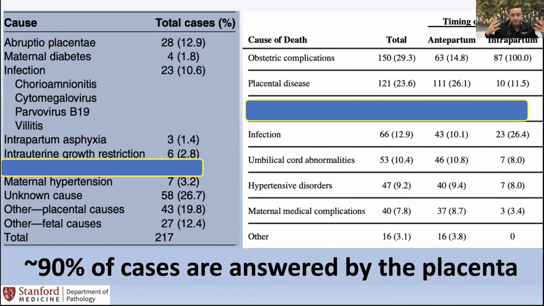And so that's why, and hopefully the panelists who know much more about this than I do about the discussions about how can we find answers, this I think is the silver lining, is that 90% of the time, an autopsy may not be needed at all, but the placenta becomes crucial. And unfortunately, historically, the placenta has been very understudied. And to be honest, it's really only in the past few decades that the function of the placenta has become better understood.